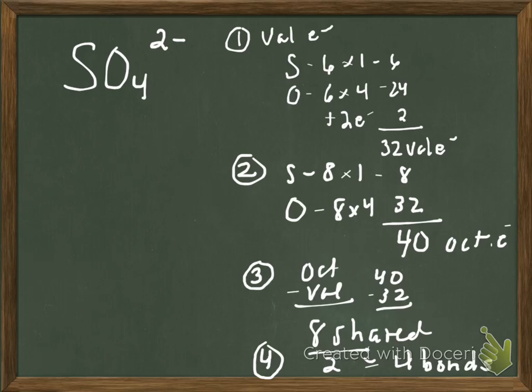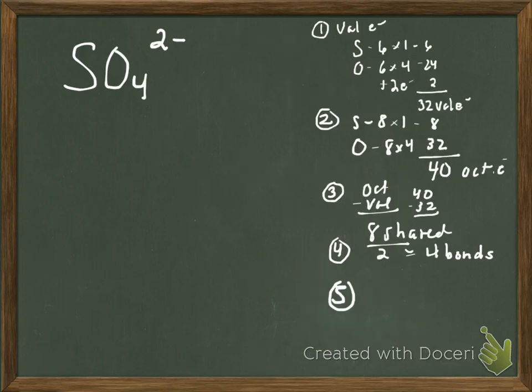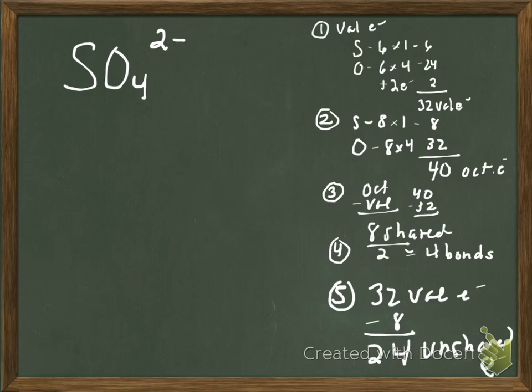Unshared pairs. So step 5, we want to find our unshared pairs. If we have 32 and we are sharing 8, we have a whopping 24 unshared electrons, which means 12 pairs of unshared electrons.